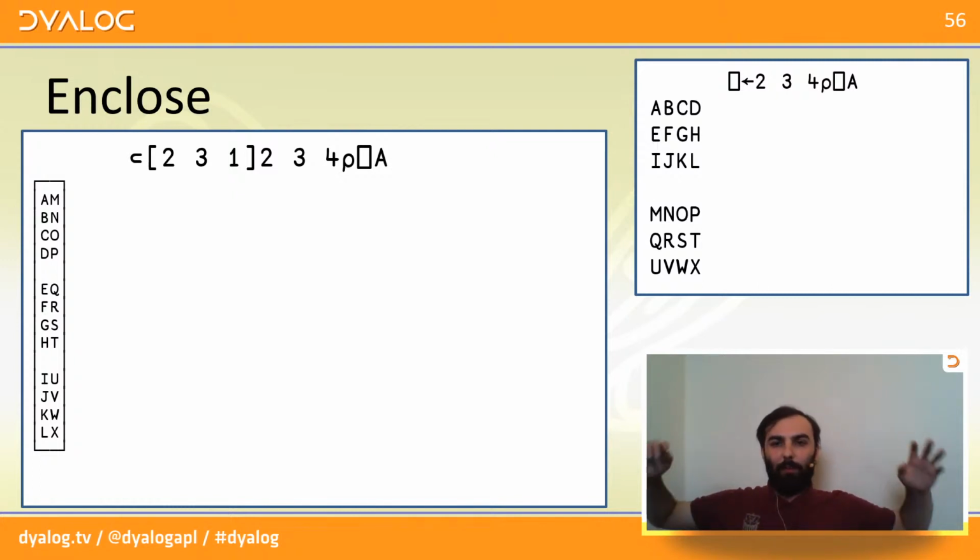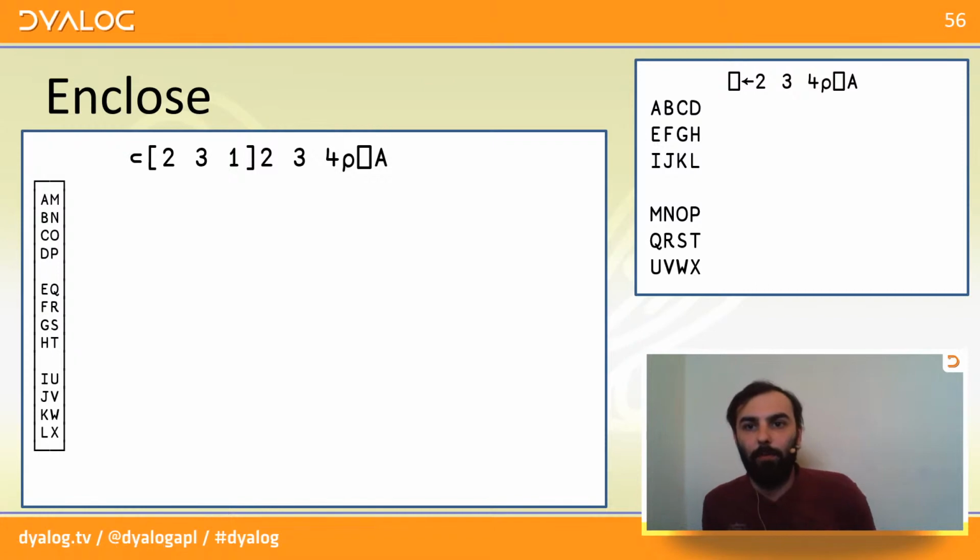Which leads me to, is there a good way to get from, is there like an expression we can come up with to get from axes specified in bracket axis terms to a left argument to dyadic transpose? Leading question, of course there is. And actually this brings up a fairly interesting point.